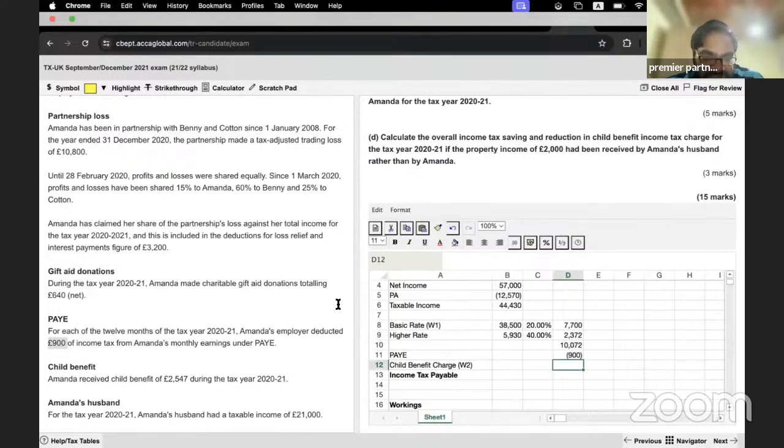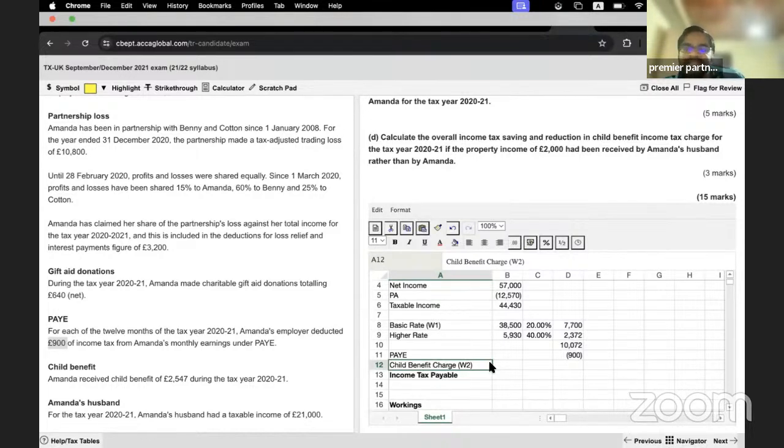Here we didn't do working for higher rate extended band. Yes, we didn't do a working for higher rate extended band because we are not touching the limit of higher rate band anyway, which is 125,140. So there is no need to extend if we are not touching the limit.